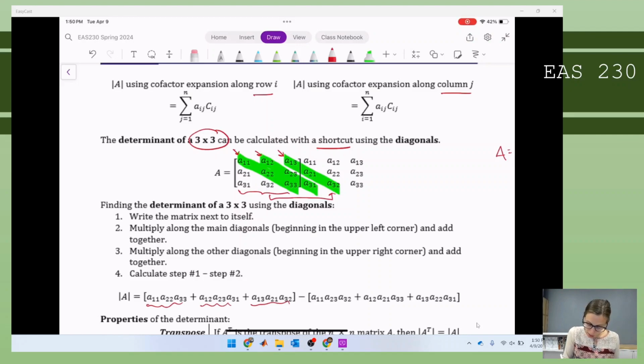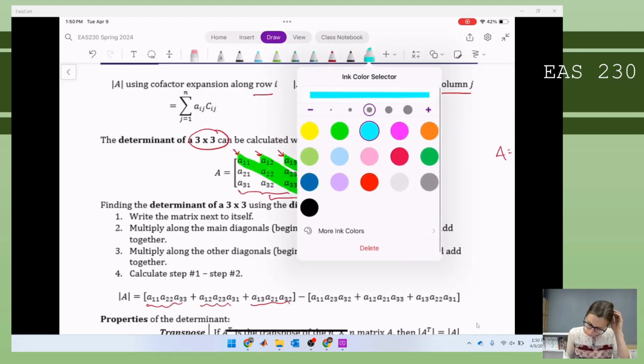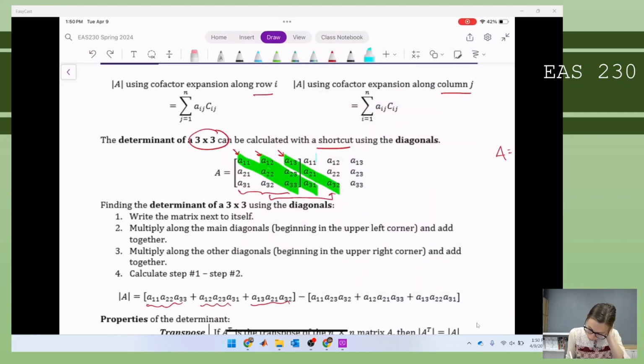Then I'm going to go ahead and do the same thing on my other diagonals. So I'll do that in blue. These are my other diagonals. So multiply these numbers together, multiply these numbers together, multiply these numbers together, add them up. So that's what this represents over here.